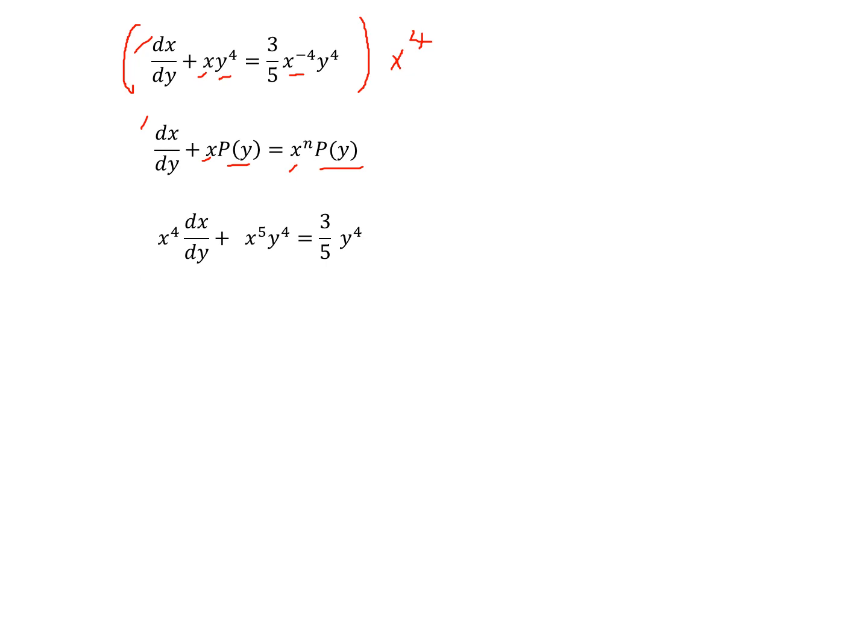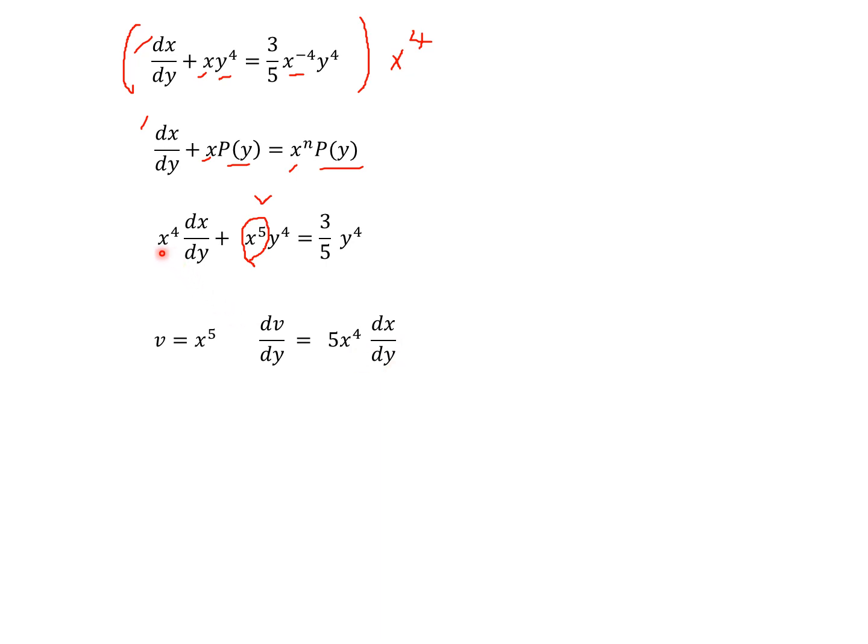Then you will replace this with v. So the transformation is, let v be x to the 5, then your dv/dy is 5x to the 4th dx/dy.